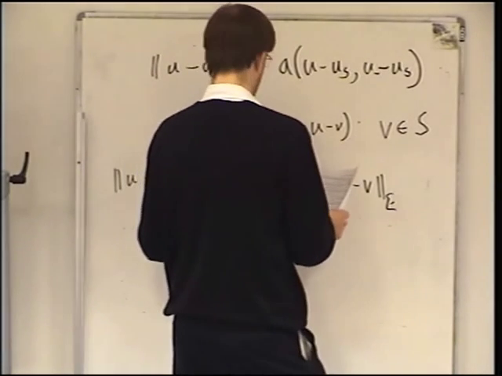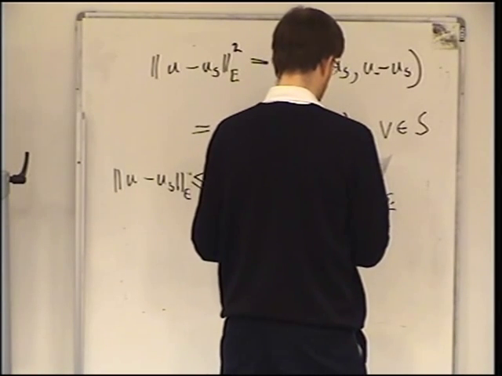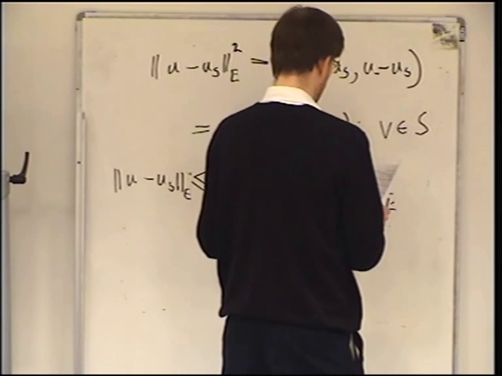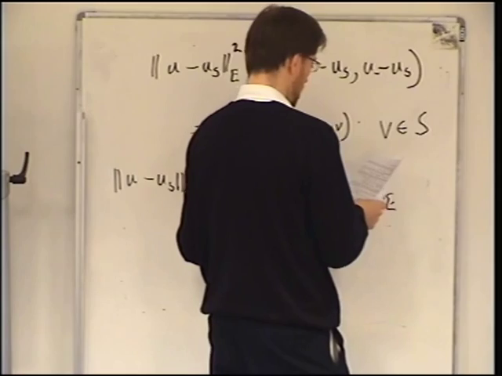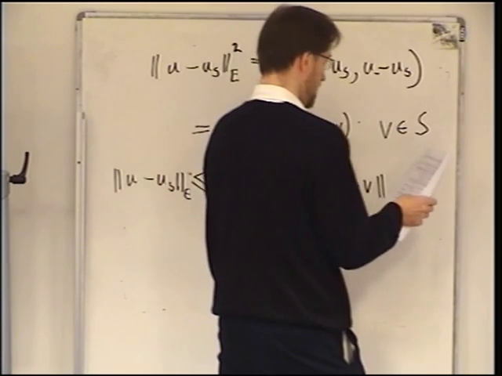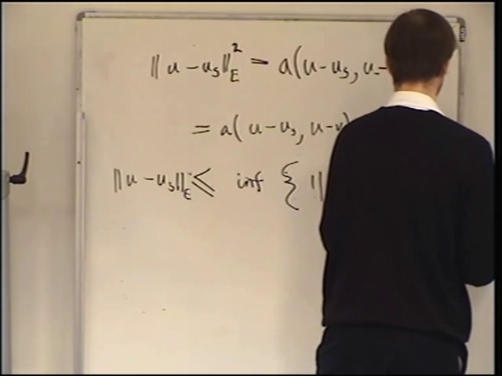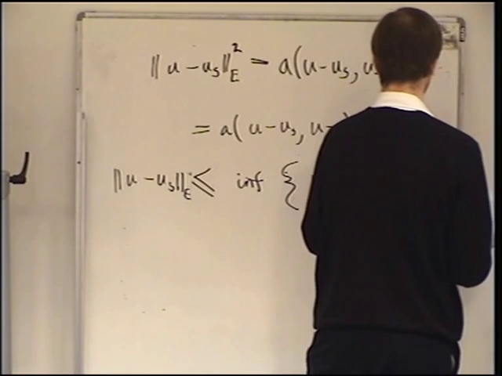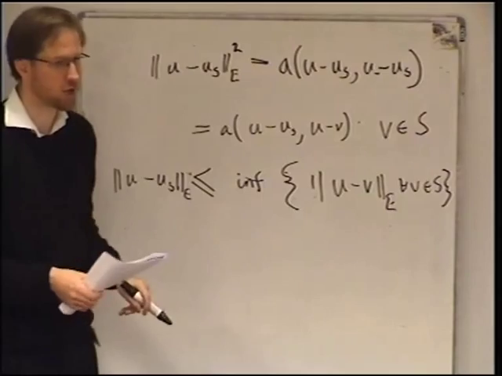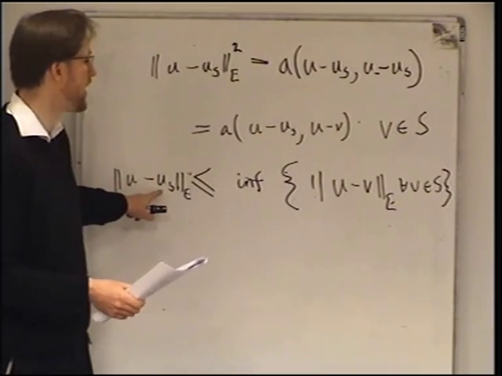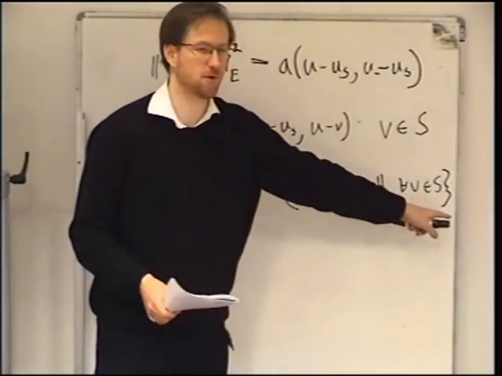And so that is less than or equal to the infimum of the energy norm of u minus v for all v in S. And actually, us is a v in S, right?